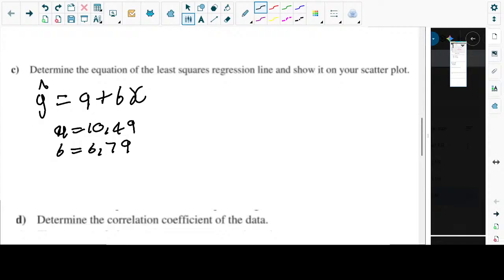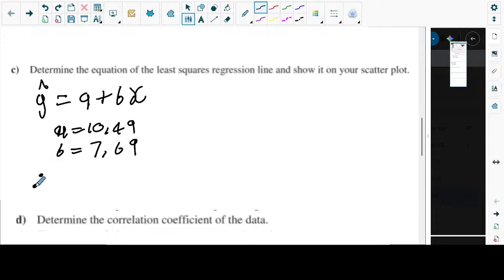I said 6, but it's 7. So what did you get as your B? I got 7.69, rounded off already. Okay, let's write it now.